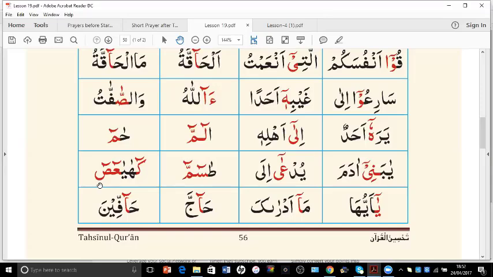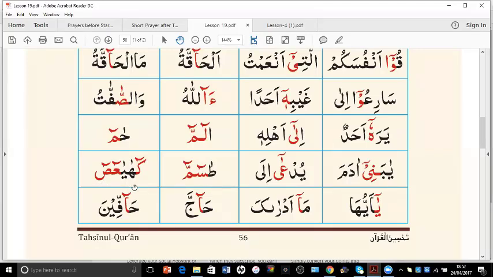And then we put them together so that it reads a lot nicer. Kaf, ha, ya, ain, sod.